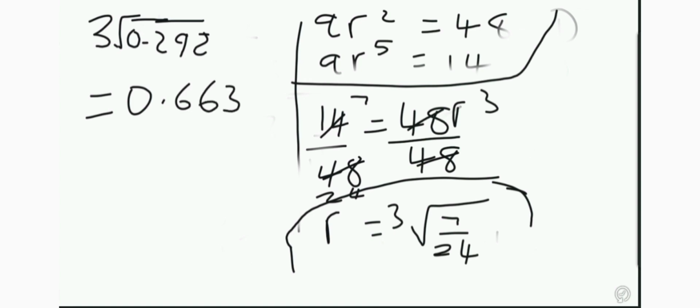If you multiply it 3 times, you get that. So that means 0.663 is our cube root of 0.292. I hope you understand what I just said. Okay, please don't make mistakes. So our common ratio is equal to 0.663.